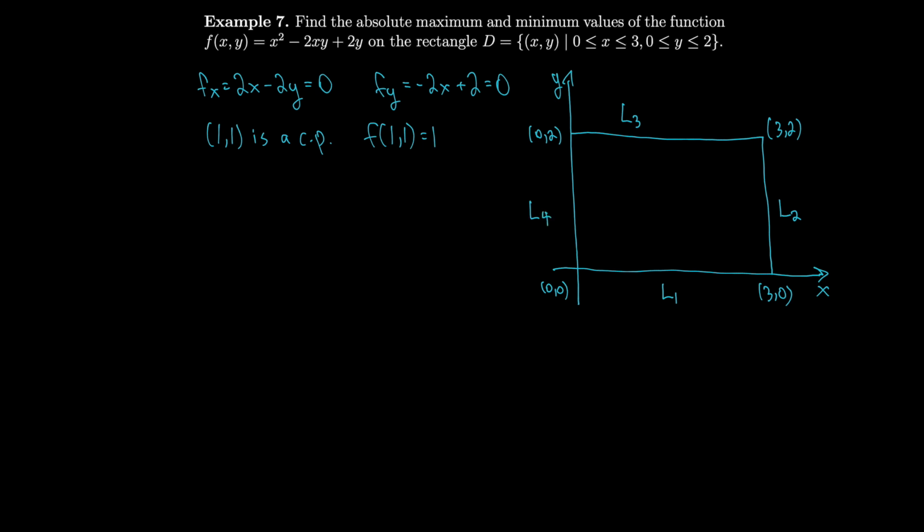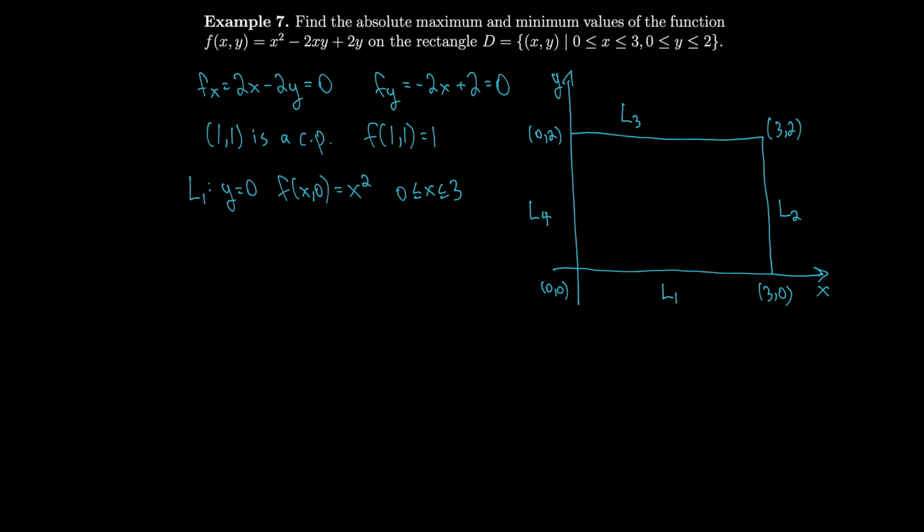So let's look at each of those separately, because there's an infinite number of points that we have to check now along each of these lines. So how about we do line 1 first? In that case, notice y is 0 there, which is along the x-axis. So we're looking at f of x with 0 plugged in for y, which is just x squared, and x goes from 0 to 3.